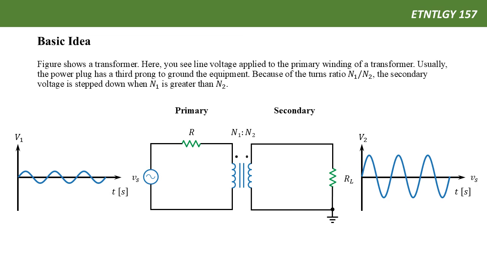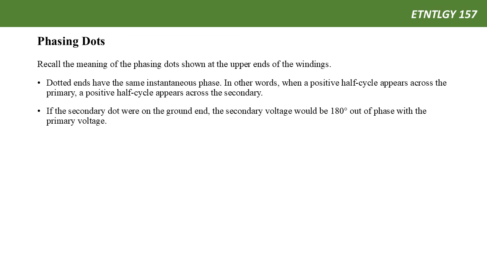The mathematical expression is the primary side voltage V1 divided by the secondary side voltage V2 equals the primary coil's turn number, N1, divided by the secondary inductor's turn number, N2. We know the reason for using a transformer is to increase or decrease the voltage.